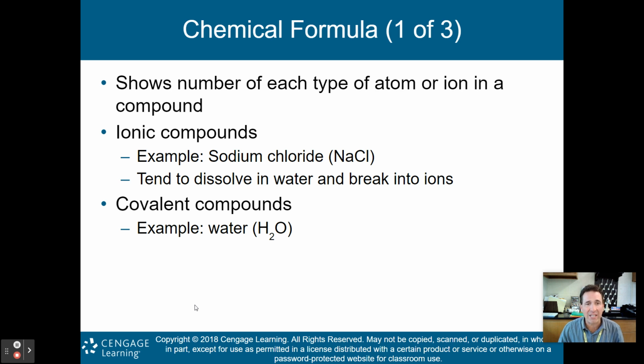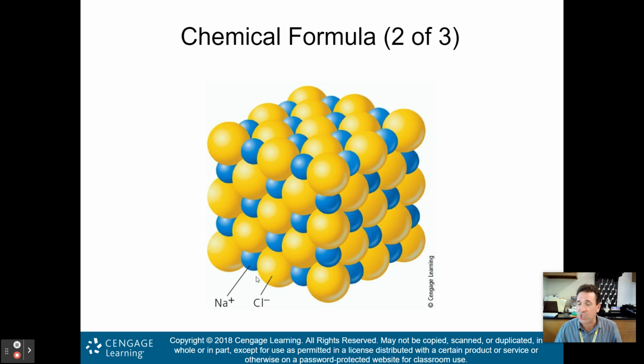Then you have covalent compounds like water, H2O, which have more of a sharing of electrons between different atoms. So this is just a picture of salt, NaCl. Again, oppositely charged particles held together by a strong force of attraction, right?